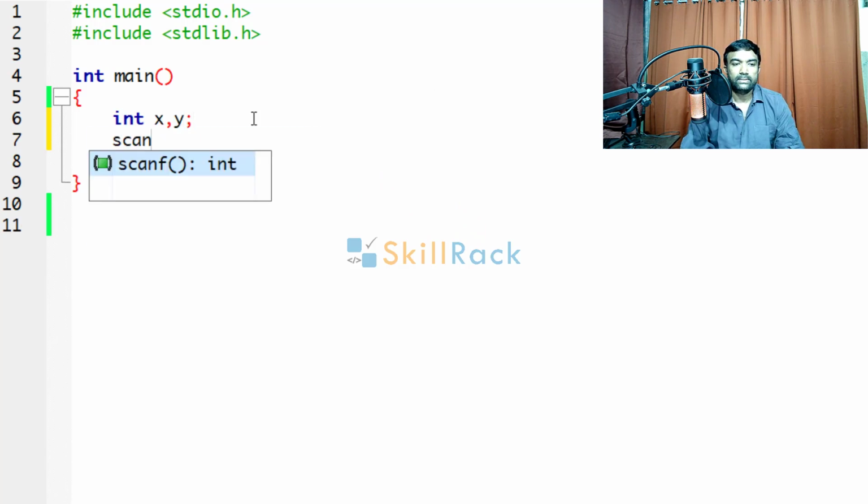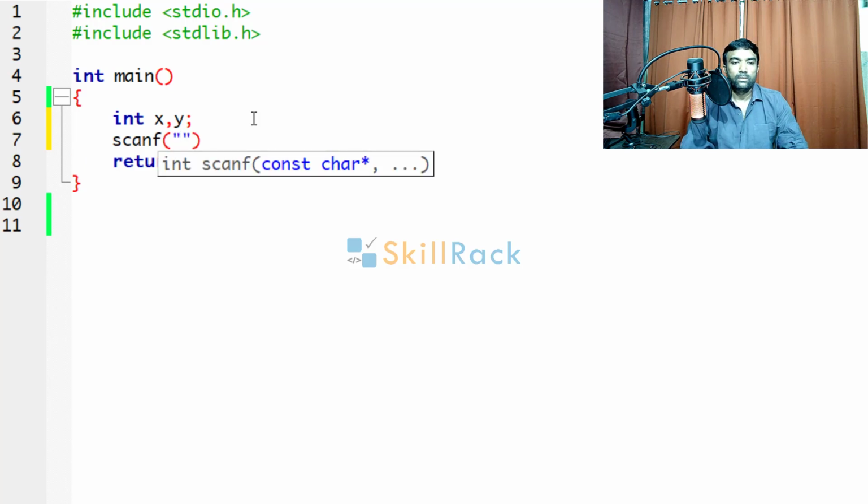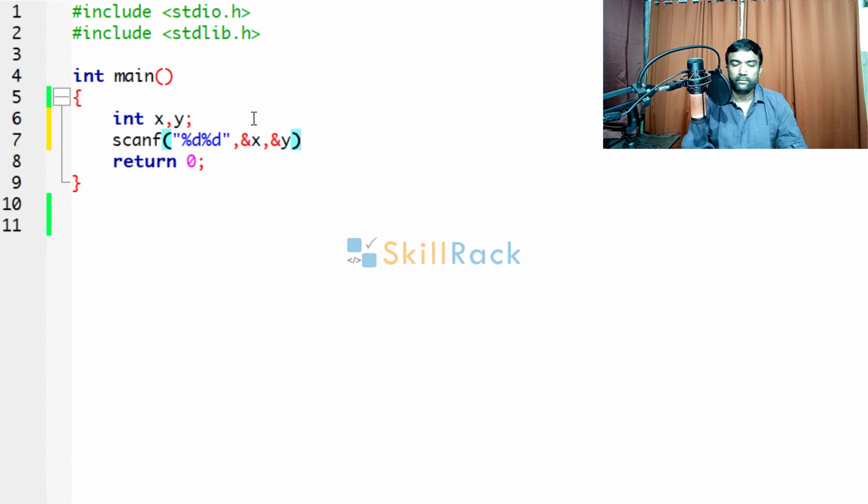So we will say scanf %d, and we have accepted the value of x and y. So now we need to find the smaller number. Okay. So we will say counter equal to x is less than y means we will have x or else we will have y.